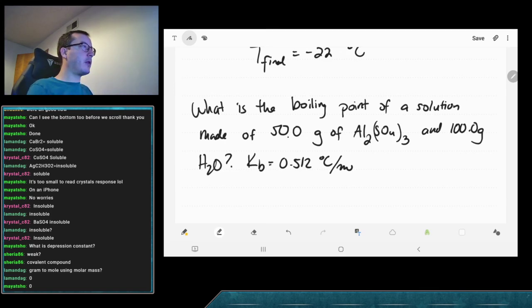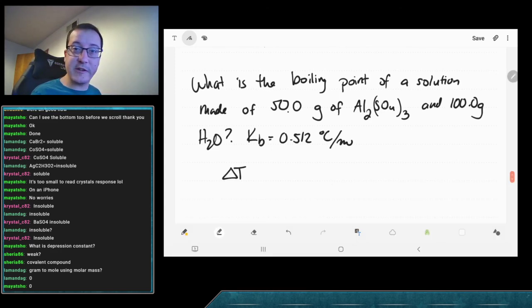Okay, here's another question for us. Let's do this one. So, now we're dealing with boiling point. So the formula is exactly the same.